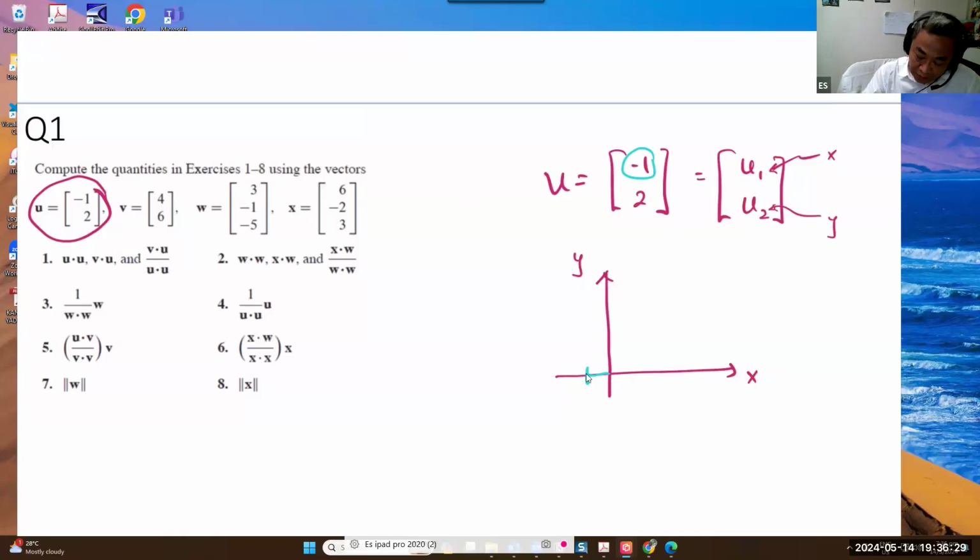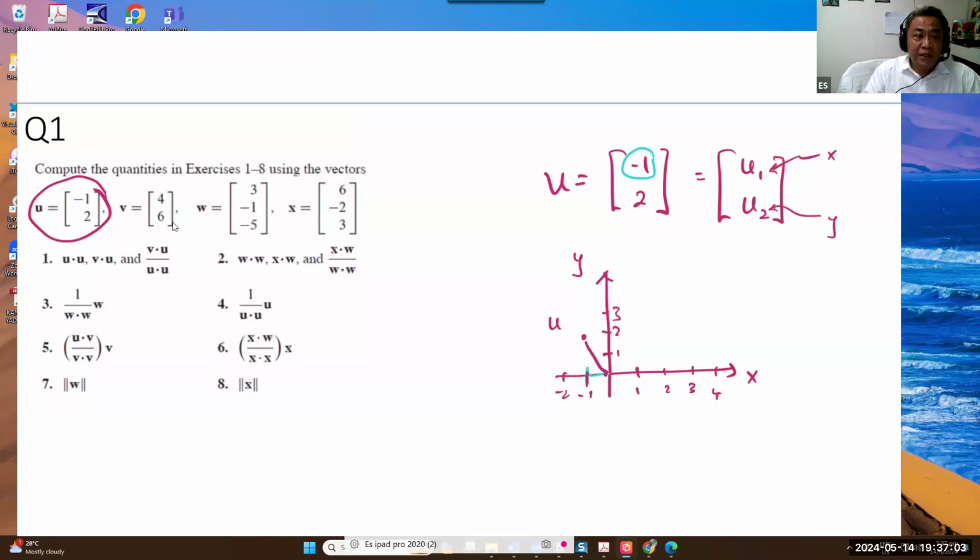So how do we label these? Of course, this is 1, 2, 3, 4, and here will be -1, -2, and so on, and of course this is 1, 2, 3. So where -1 is, is here, and where 2 is, is here. So this point is the vector u. It is -1 coordinate along the x-axis and 2 coordinates along the y-axis.